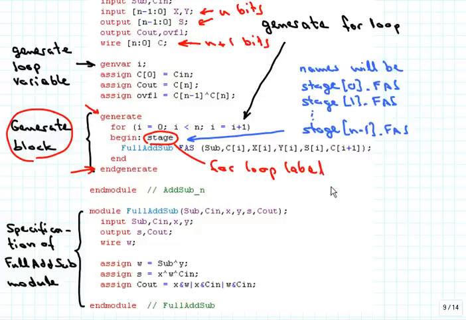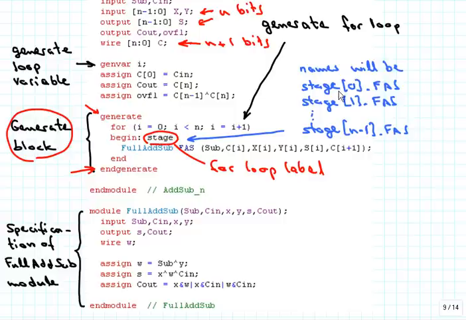The compiler, when it runs this for I equal to 0, calls this stage 0. And then when I is equal to 1, it calls it stage 1, and so forth, in the same way like we are making vectors of signals.